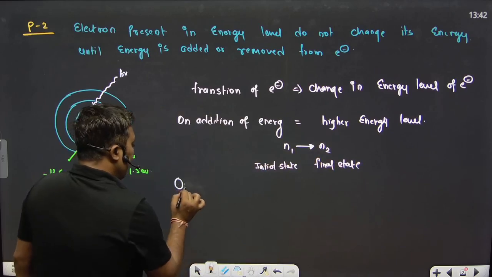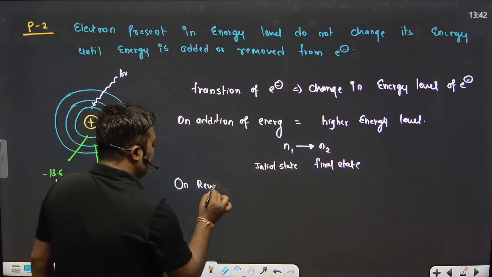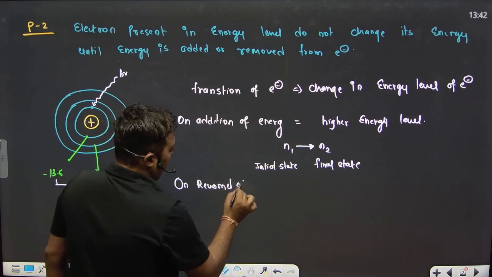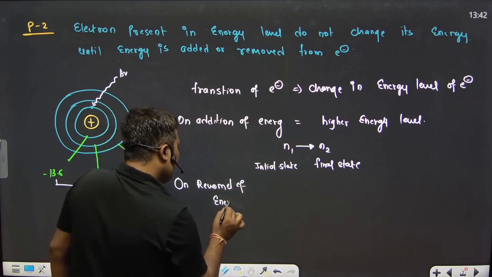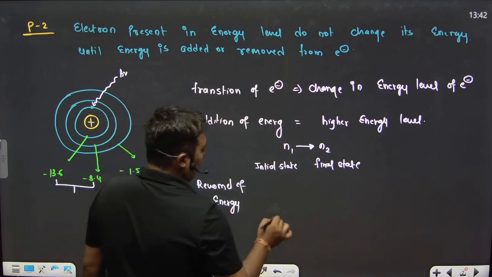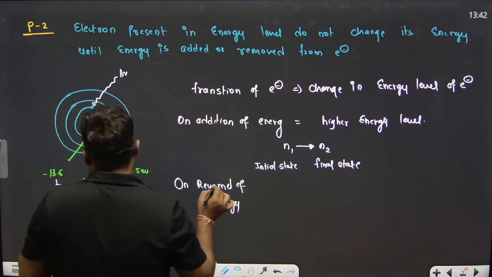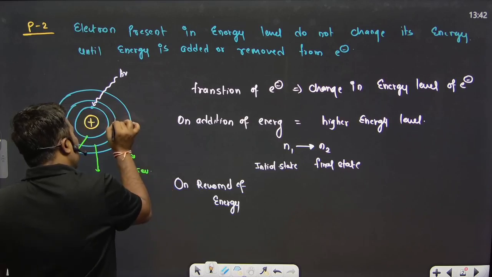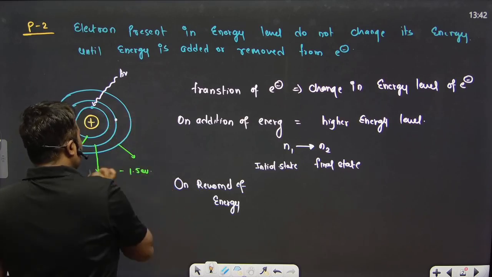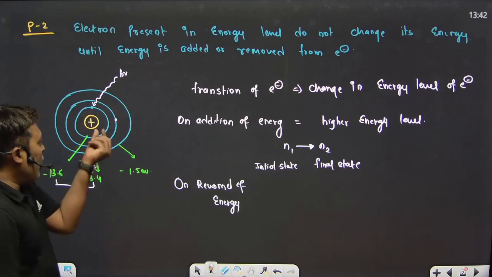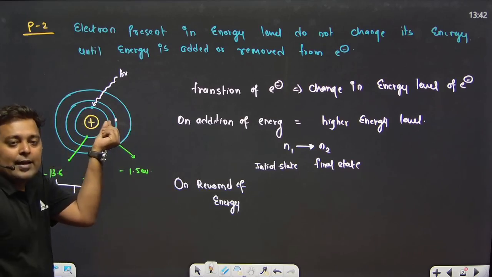On removal of energy, suppose your electron is having energy of 3.4 electron volt. Now what if this electron is emitting energy?